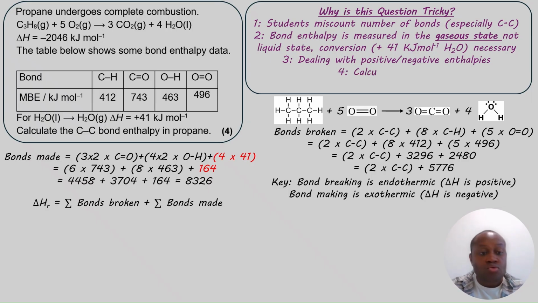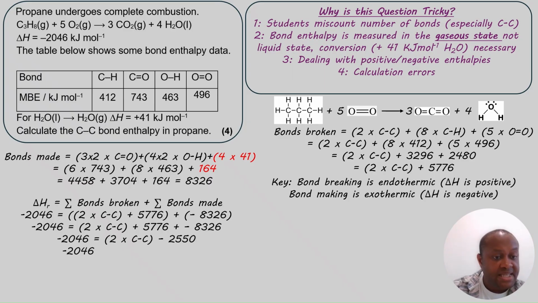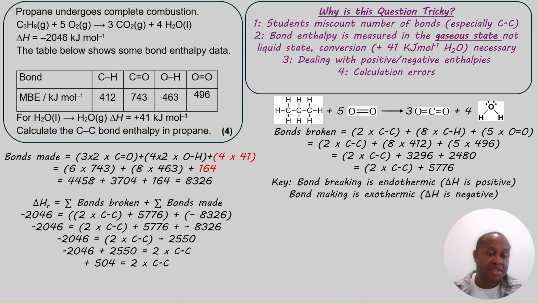Okay, let's put that together and then we calculate. So the enthalpy change of reaction, negative 2046, is equal to 2 times the carbon-carbon single bond plus 5776, all of that is positive, plus minus 8326. Again, the minus sign is because bond making is exothermic and therefore the enthalpy must be negative.